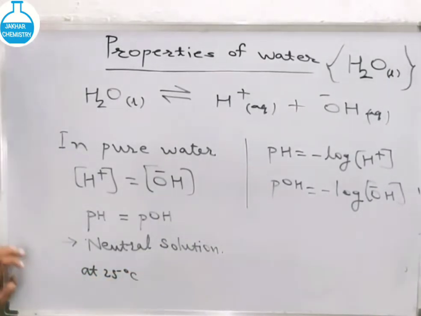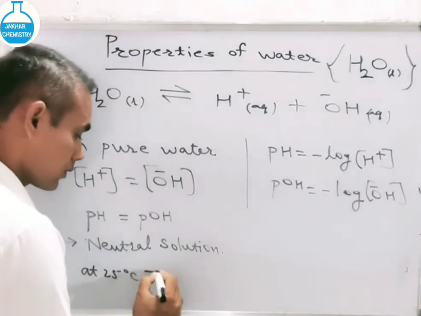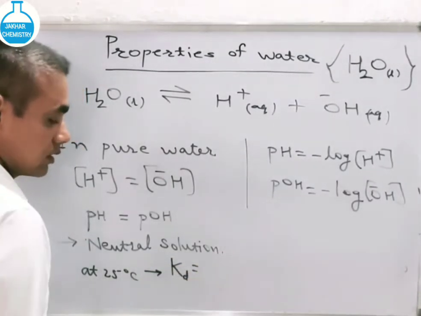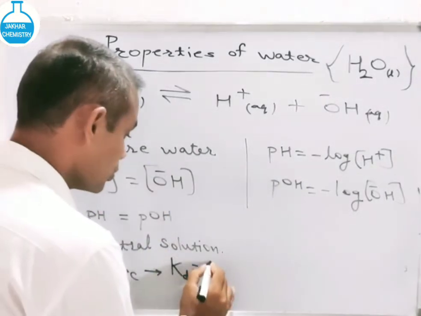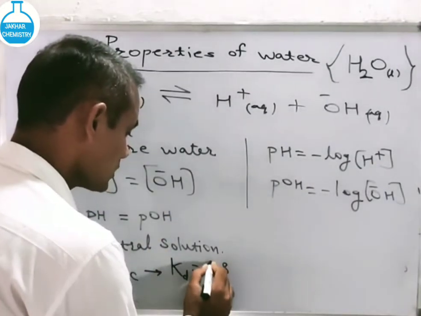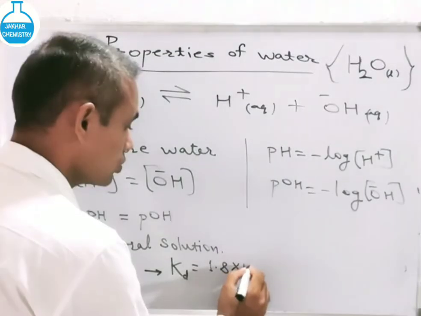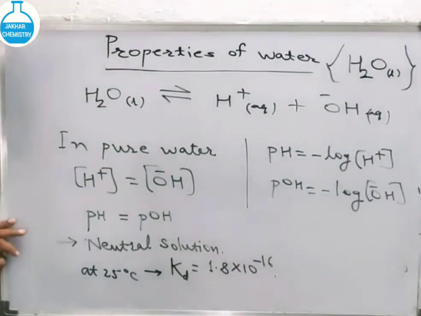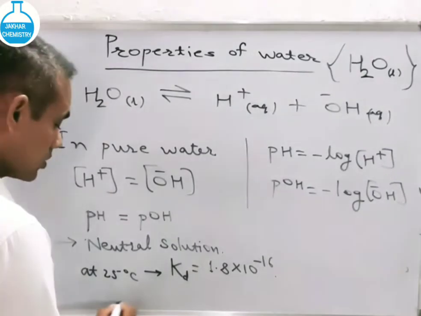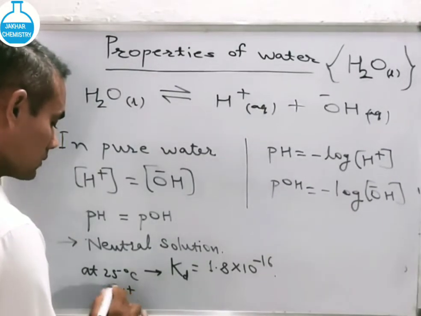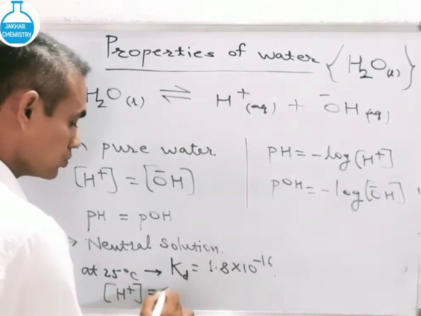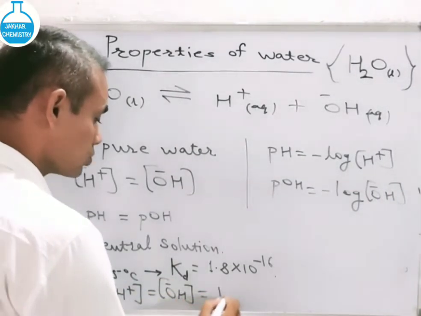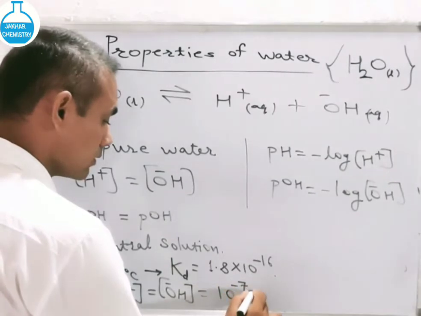At 25 degrees centigrade, the dissociation constant of water is 1.8 into 10 raised to power minus 16. Do remember? And concentration of H plus will be equal to concentration of hydroxide ion, and these are equal to 10 raised to power minus 7 mole per liter.